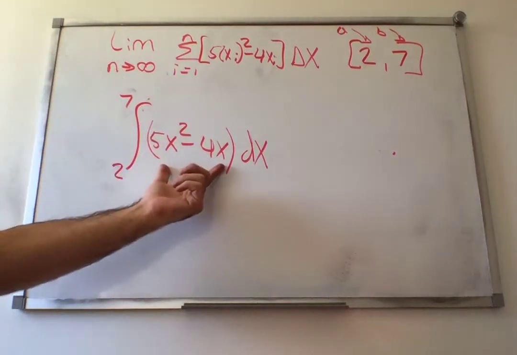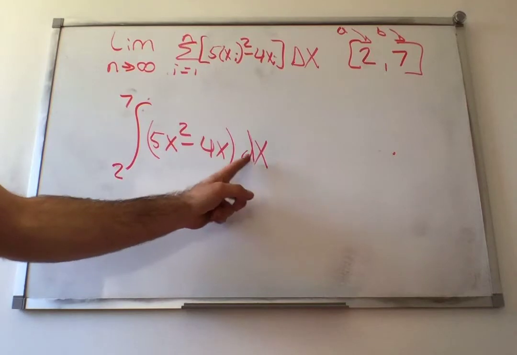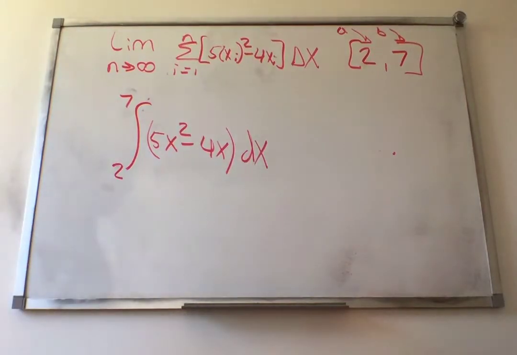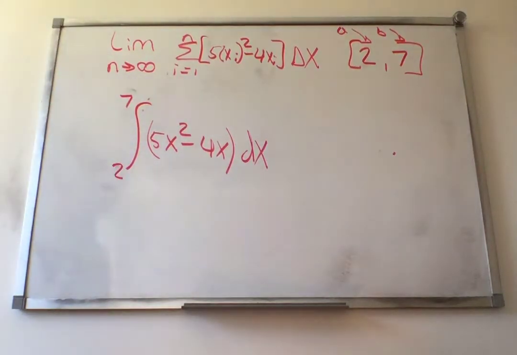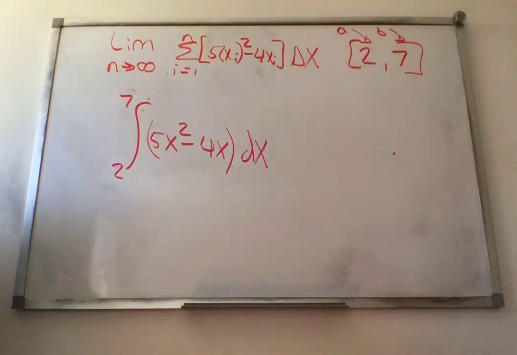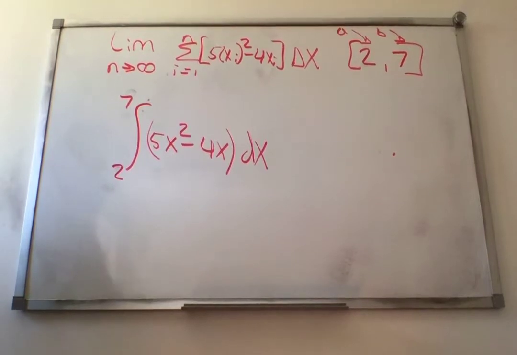We've got our function inside of here, and then we've got the variable that we're integrating with respect to, dx. Alright, so as you see, writing the limit as a sum is fairly simple. But first you should pause the video, go ahead and try that problem that I have for you, and then come back to the video.